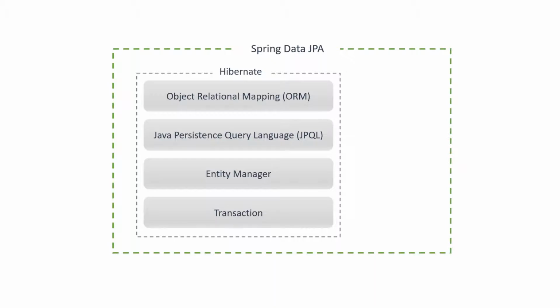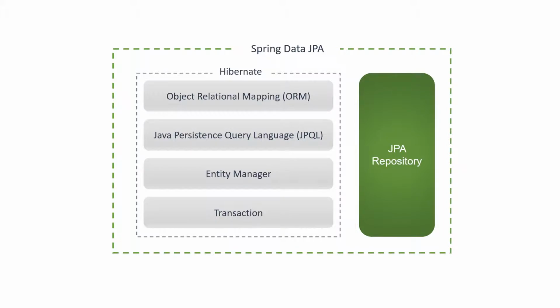In addition to standard JPA functionalities, Spring Data JPA also extends JPA with a Spring-specific concept called JPA repository, which is based on a Java pattern called repository and provides a unique mechanism to simplify database operations through JPA.